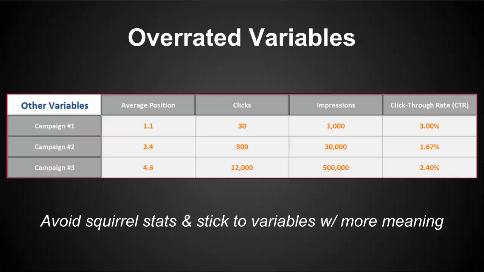But in terms of shifting budget from one campaign to another, which is what this blog is all about, if you have two campaigns where all other variables are equal, except the click-through rate on one is 5% and the click-through rate on the other is 2%, I'm not going to make a decision to shift my budget from one campaign to another based on the click-through rate of that overall campaign.